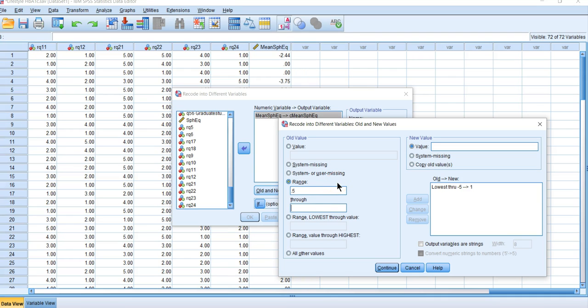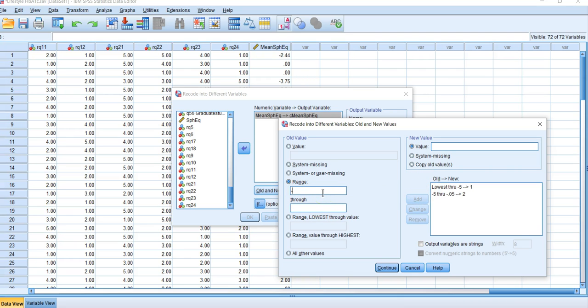Through minus 0.05. I'm going to give that 2 and call that myopia.